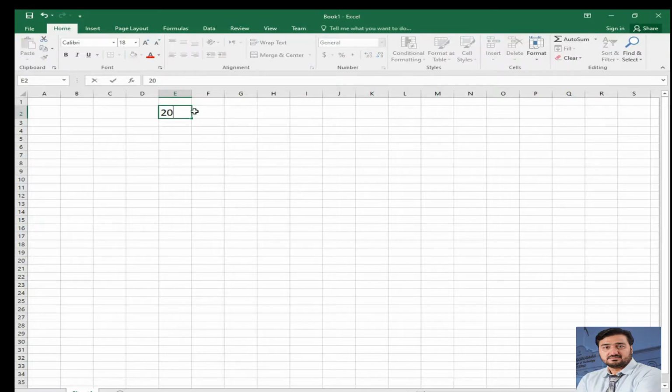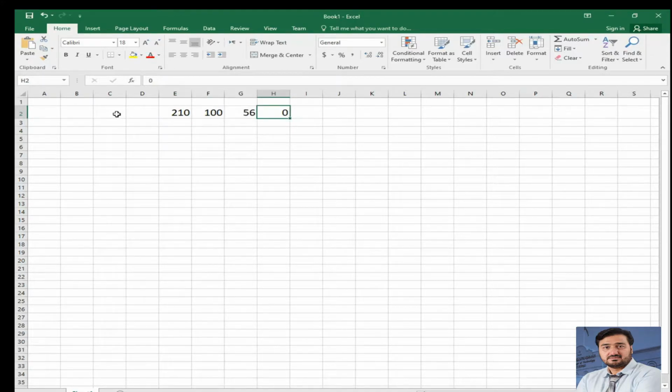The network address is 210.156.0. This is the address. This is the IP address we have.